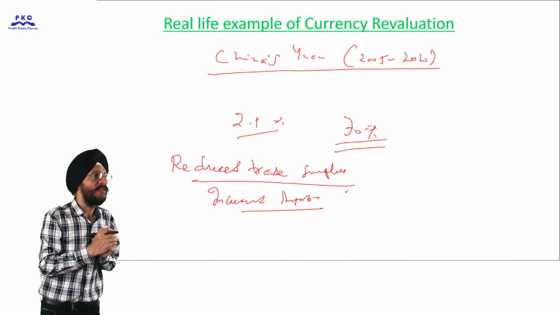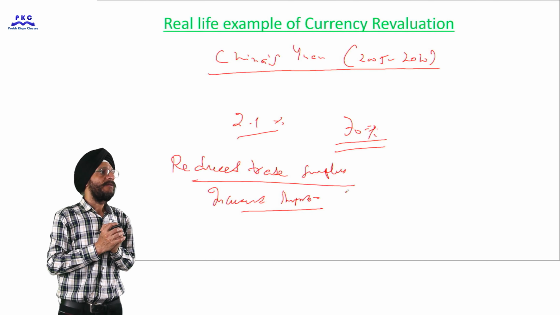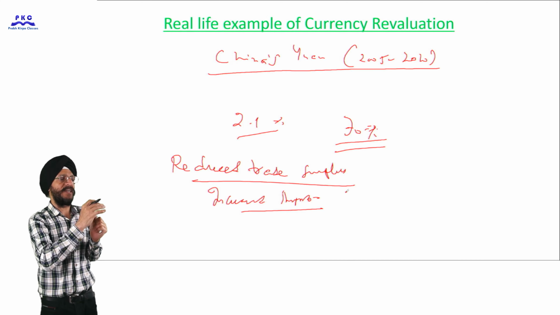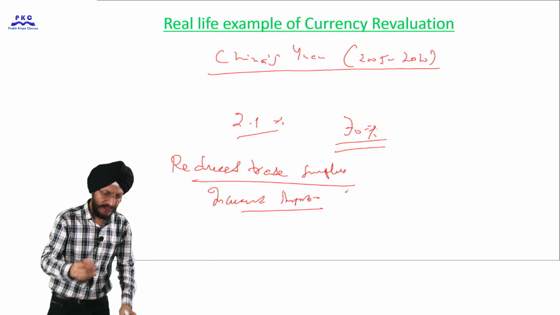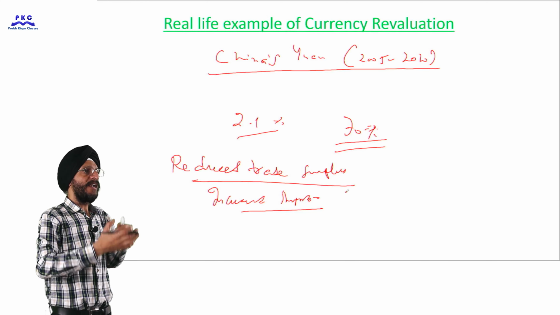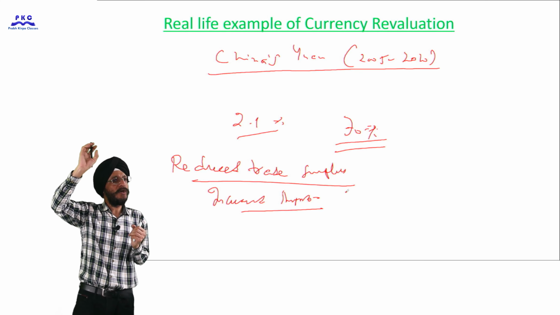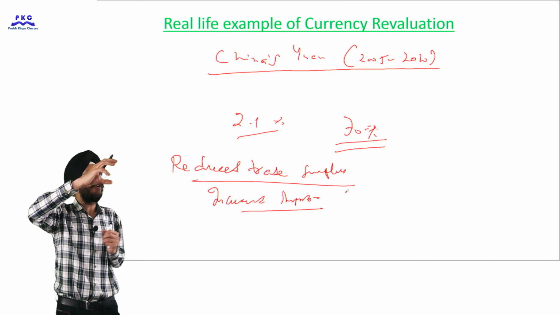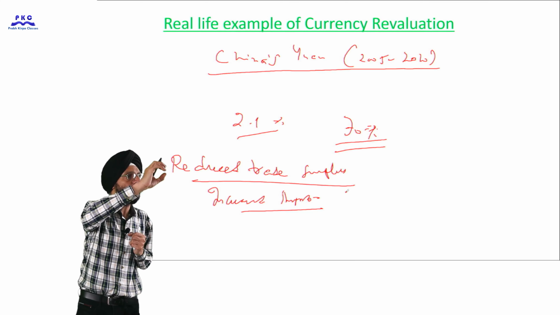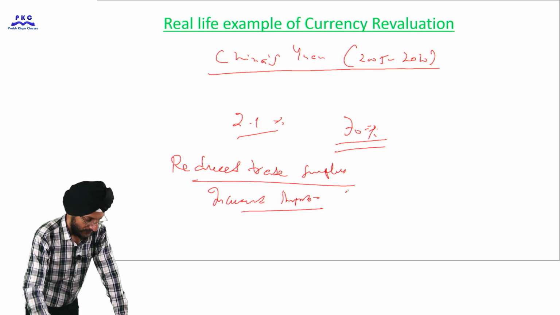Exports were adversely affected in the case of currency revaluation by China because the exports became costlier for foreigners, and those industries which were exporting goods, in other words the export oriented units, were badly affected, and there were job losses also in export oriented sectors.